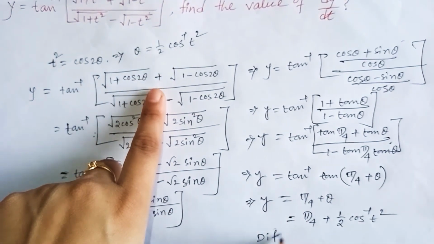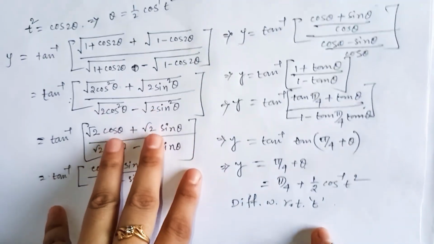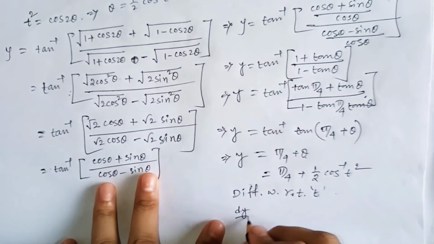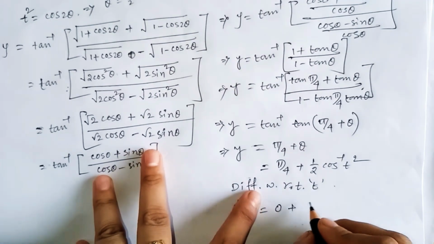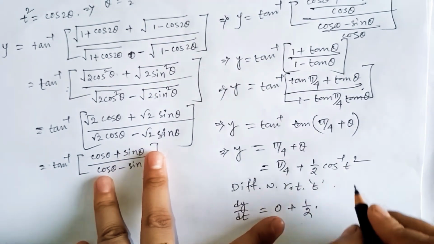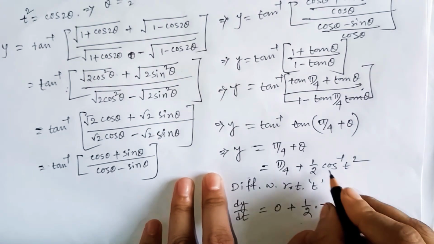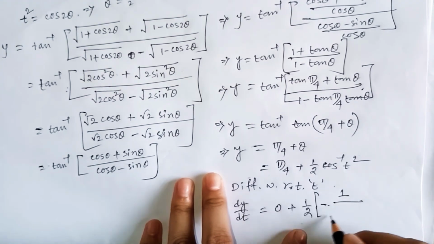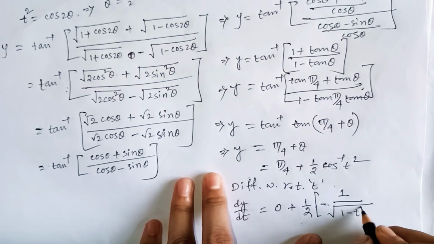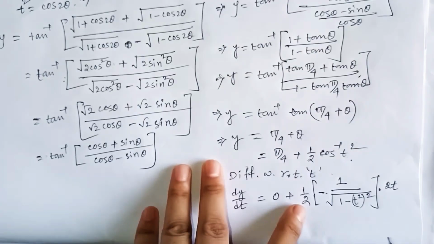Then differentiating with respect to t, because we have to find dy by dt. So dy by dt equals the derivative of pi by 4 with respect to t, which is 0, plus half, and the differentiation of cos inverse t square is a minus, because it started with c, so there is a minus symbol, then 1 by square root of (1 minus (t square) whole square), and the differentiation of t square with respect to t is 2t.